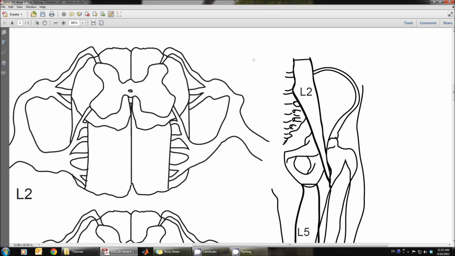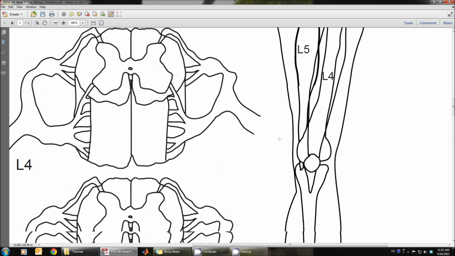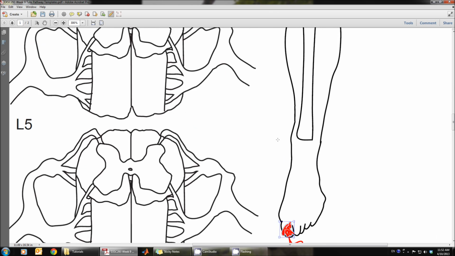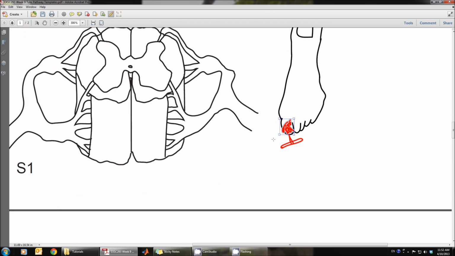So we'll go into the spinal cord. I'll just make this process simpler, and let's say the axon goes up and eventually goes into the spinal nerve of S1, which covers the dermatome of the big toe.